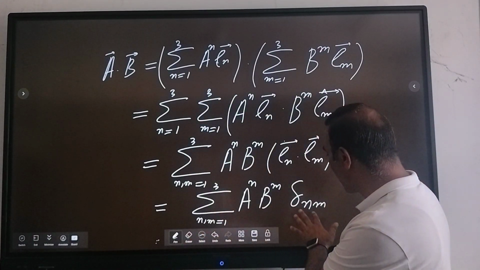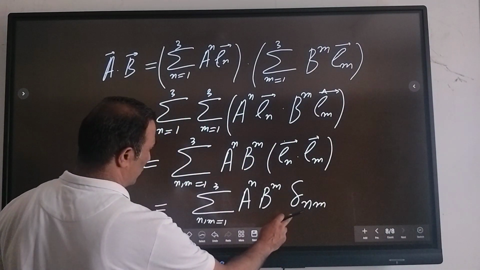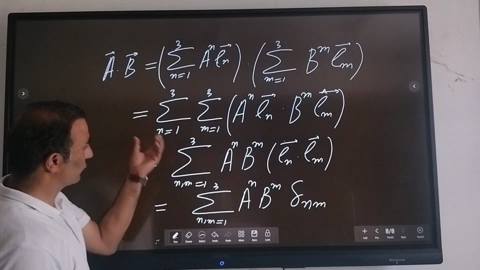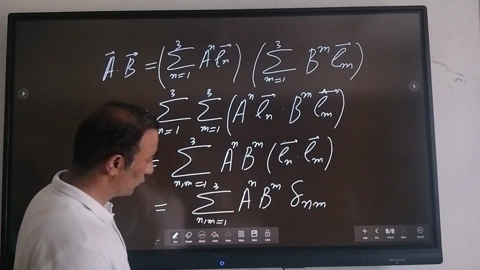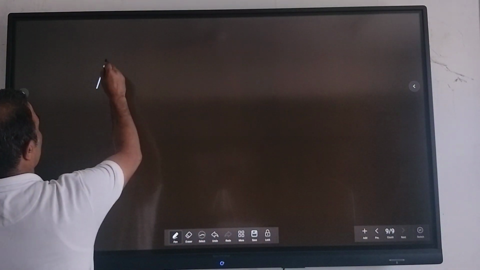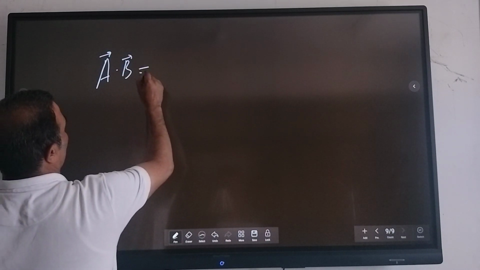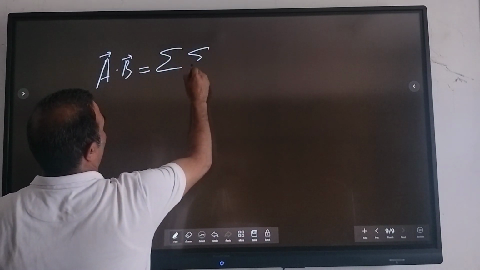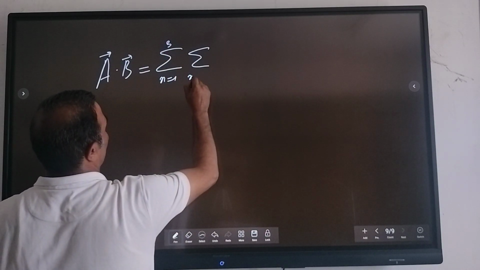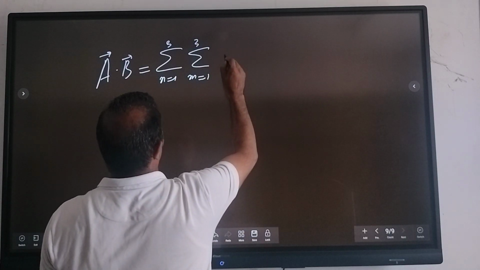Now this is a and b, so that means if n equal to m, here n will be equal to m, so that means this is a dot a. So this will be that. So that gives me the which component. So I can write here. So that means I can write that our a dot b is a dot b. So that is equal to summation over. So that's equal to.